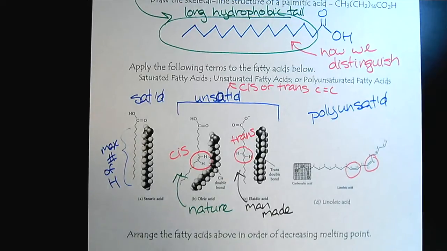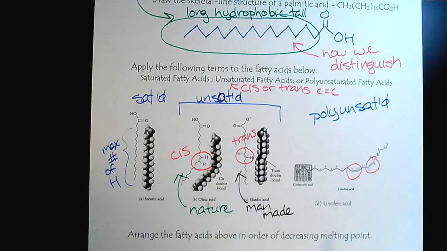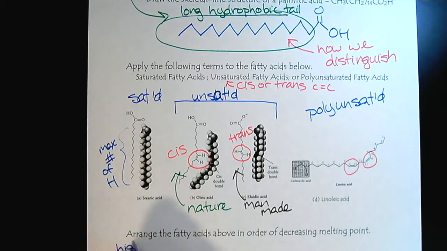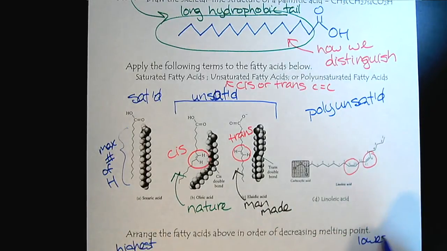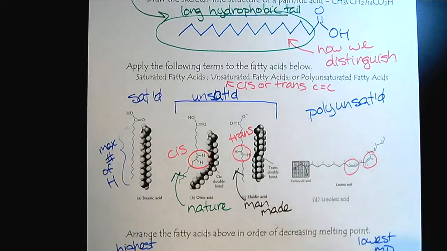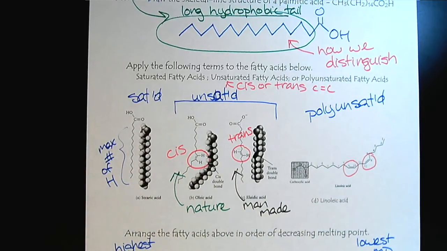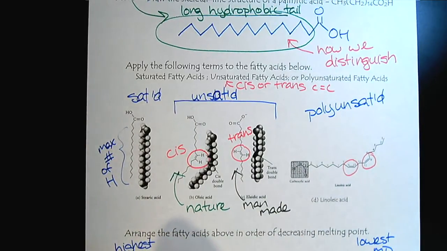let's arrange the fatty acids in order of decreasing melting point. So we'll start with the highest melting point, and we'll go to the lowest melting point. And so remember that the highest melting point, right, that's going to be a solid at room temperature. And so it's going to have, right, the strongest IMFs, intermolecular interactions.